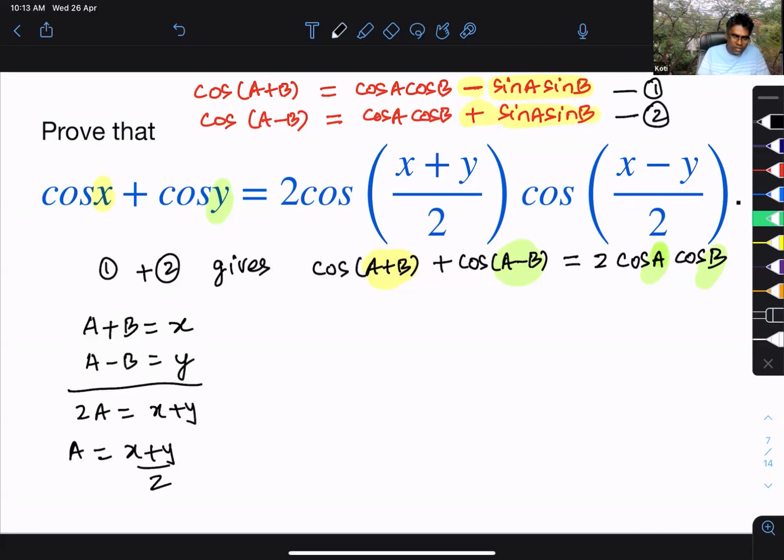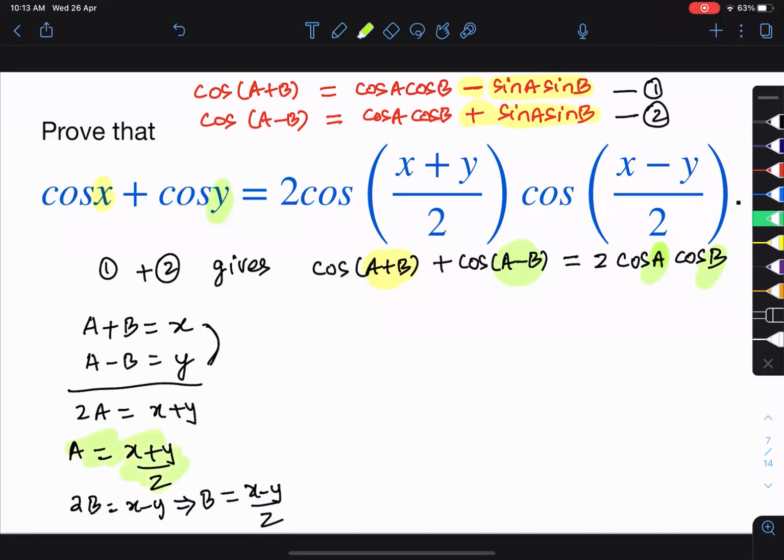Similarly, if you subtract the second equation from the first equation, a gets dropped, you have b minus b, so that would be 2b, which is x minus y. So your b becomes (x minus y) by 2. Are you able to follow this?